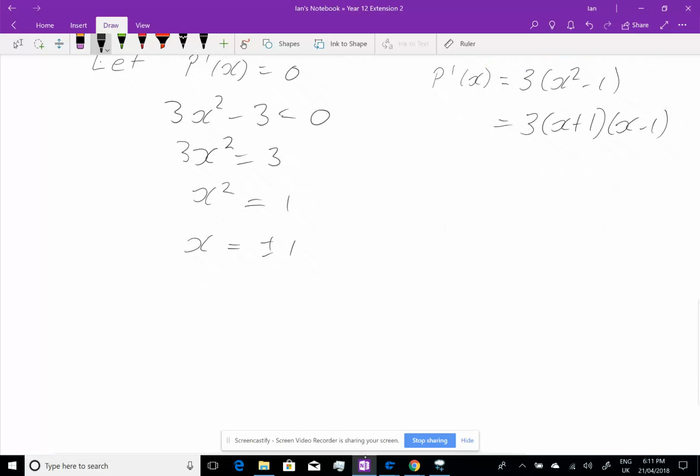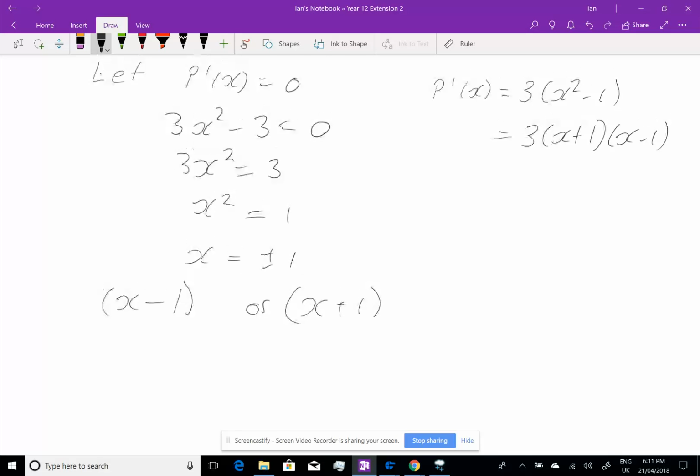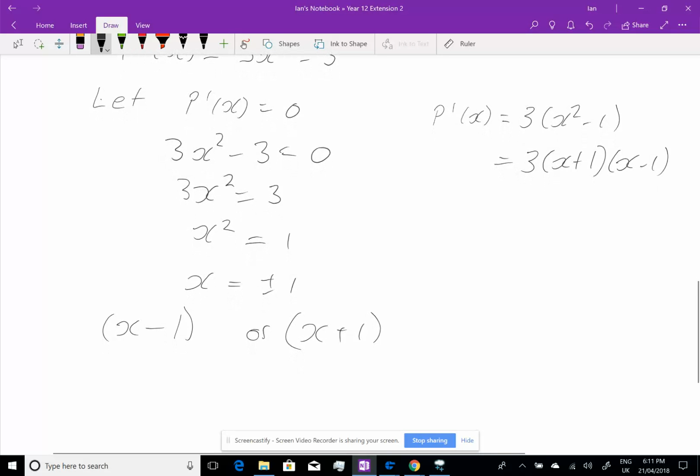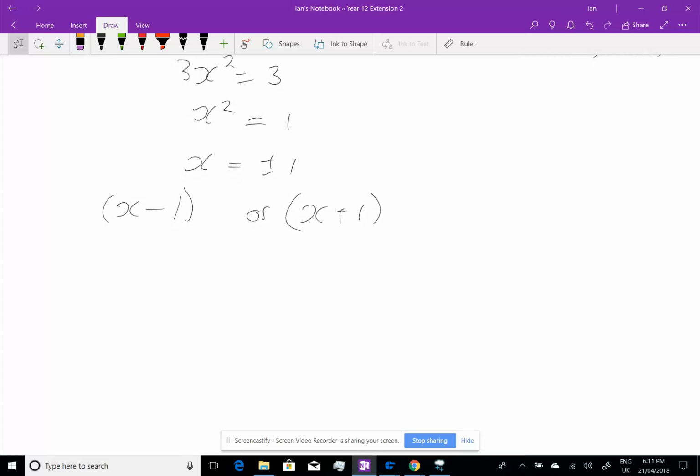But I can do it this way as well, and I go, well, x minus 1 or x plus 1 is a double root, because they're the only roots of the derivative, and I've been told that there is a double root in the original equation. So one of these is a double root. So note, only one is a double root.